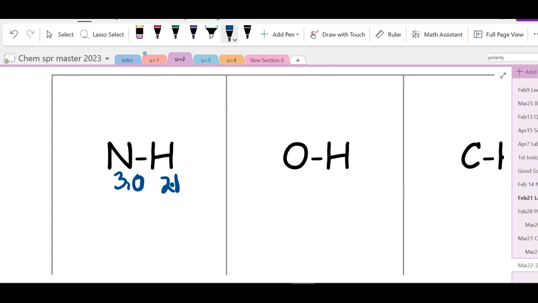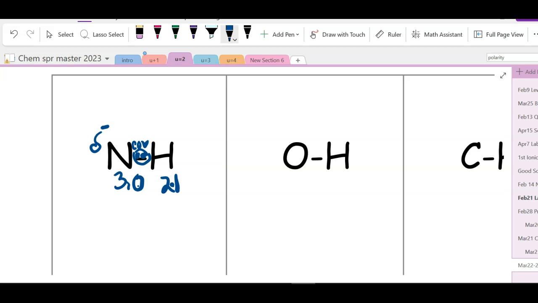Remember, this is the electron pair right here, our little pea pod, the covalent bond. Well, nitrogen attracts the electrons more than the hydrogens. So because it attracts electrons more, it's given a partial negative sign.